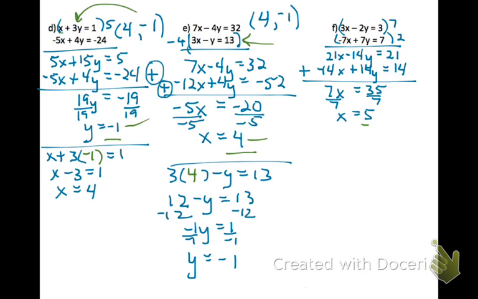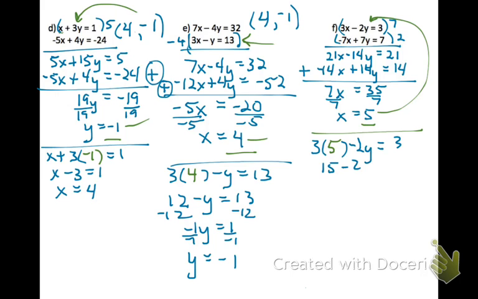Now let's take what 5 is, plug it into either one of the originals. So I'm going to plug it into that top equation, just because the math looks easier to me. But that's a point where you can choose. So we've got the first equation is 3 times what x is, and x is 5, minus 2y equals 3. 15 minus 2y equals 3.